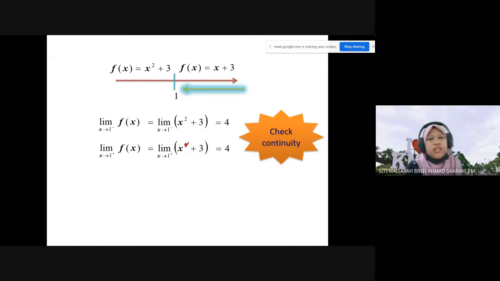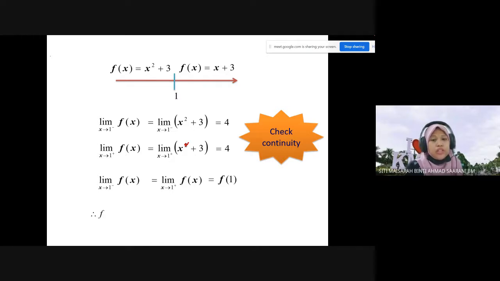So jadi limit kiri kanan dia sama. So jadi second condition satisfied. So limit x approach 1 from left is equal to limit x approach 1 from right. So f is equal to f1. So then f is continuous at x equal to 1. Okay. The all three condition are satisfied. Okay. And then ini baru continuous.